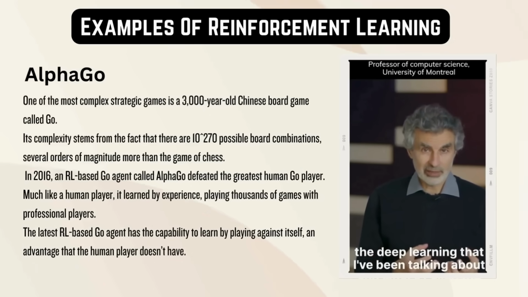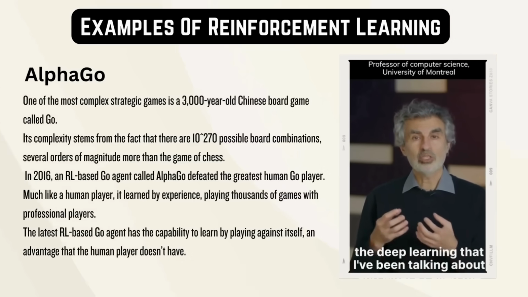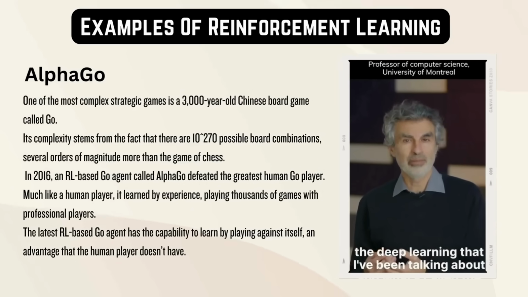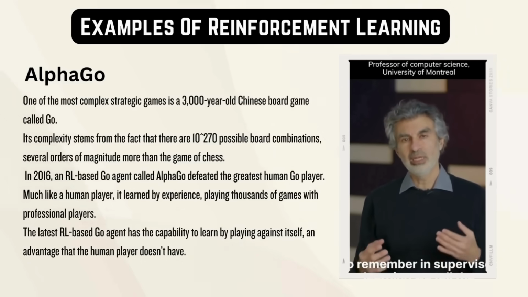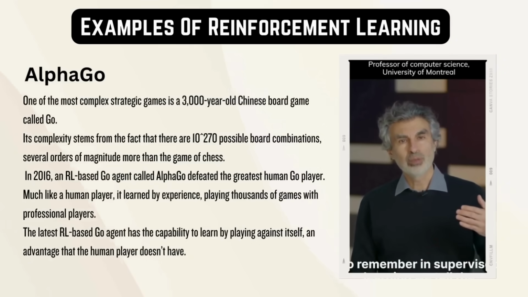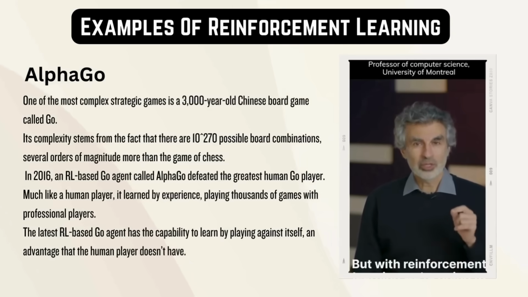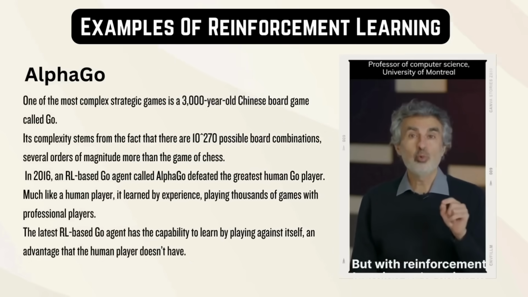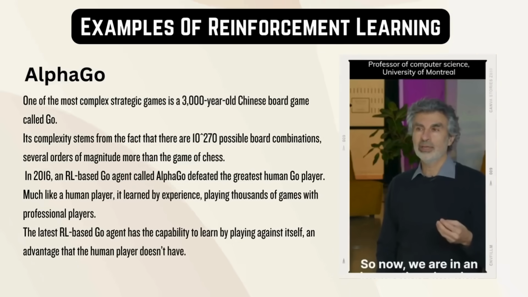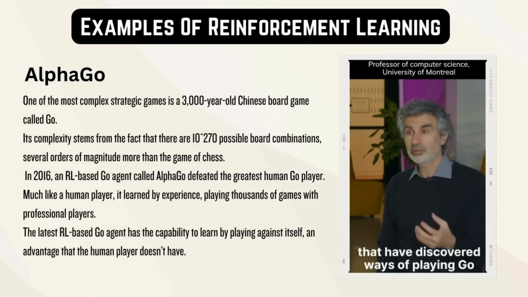The deep learning that I've been talking about and what's called reinforcement learning. So remember, in supervised learning, we tell the computer what to do, but with reinforcement learning, we're going to train the machine to win.